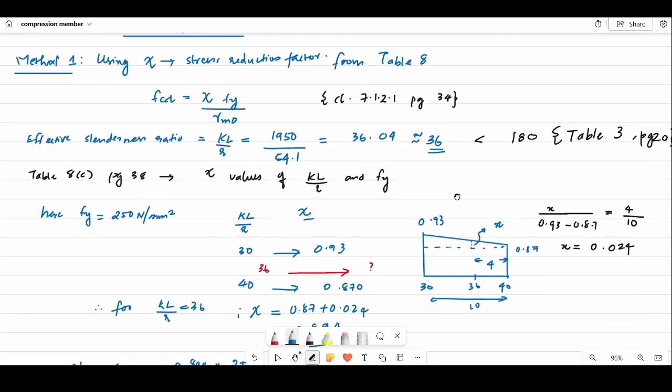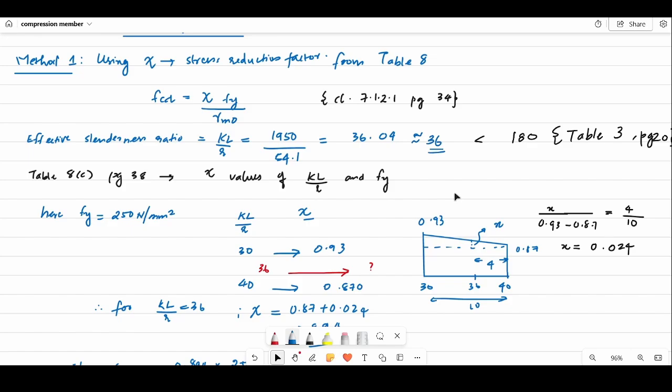Now we go to Table 8C on page number 38, because our ISMB 350 is in C class. Now we look for the value of the stress reduction factor corresponding to 36. For 30 it is given as 0.93, and for 40 it is 0.87. The yield strength value is 250 only.